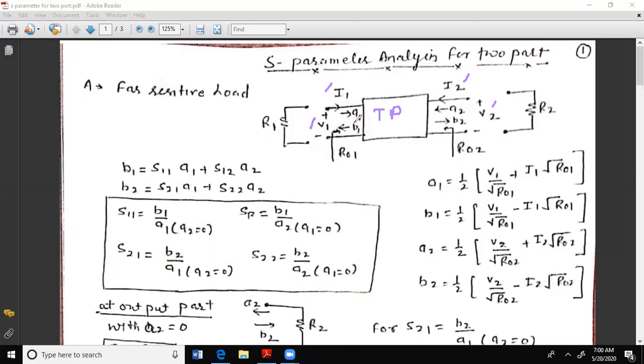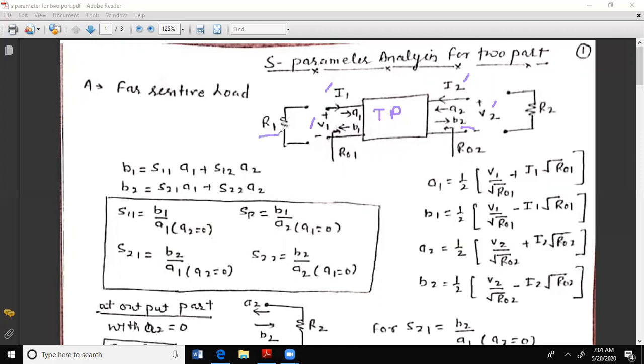A1 is an incident variable, which can generally be represented as the incident power at the input port. B1 is the reflected variable, the reflected power at the input port. Same here, A2 is the incident variable, or incident power, at the output port, and B2 is the reflected power at the output port.